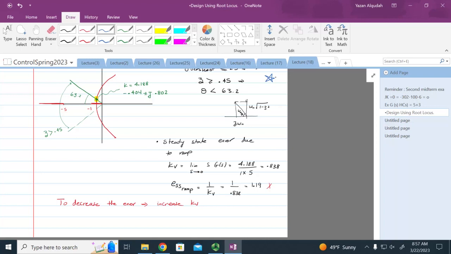You can't change that. You can't change kV, or more precisely, isn't kV the velocity constant? This is the formula for it, s multiplied by G of s. How do I increase kV?